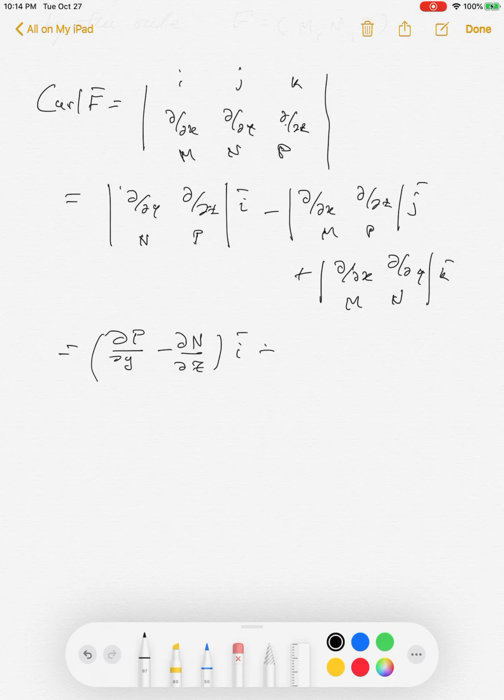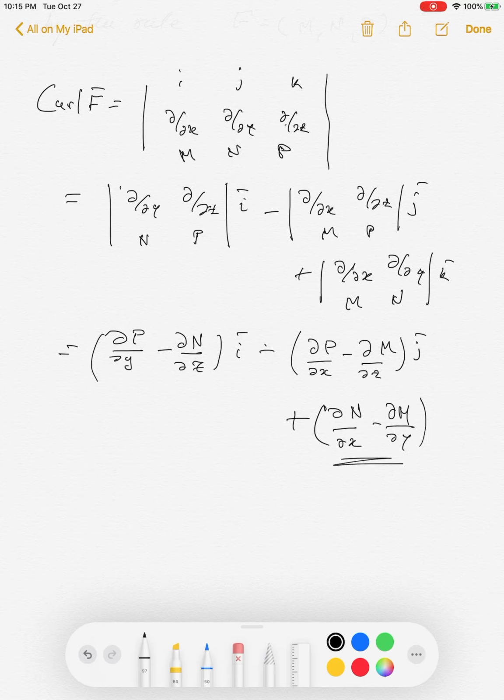Sorry, this is z, isn't it? i bar, plus or minus, dP/dx minus dM/dz, j bar, plus dN/dx minus dM/dy, k bar.